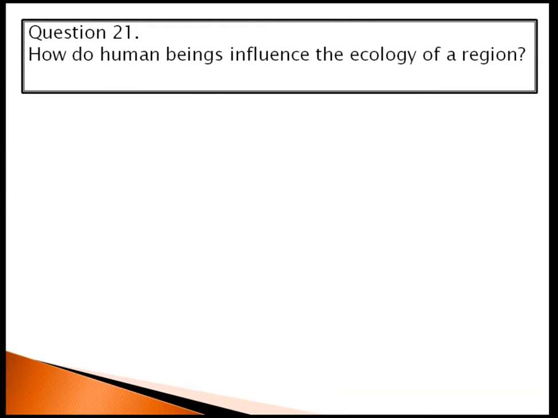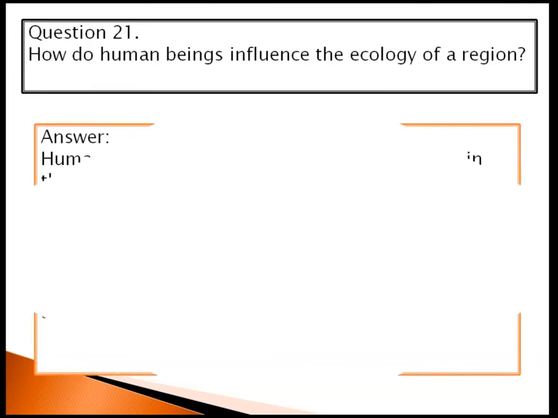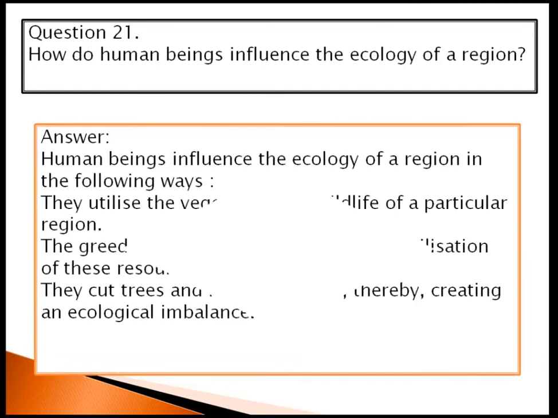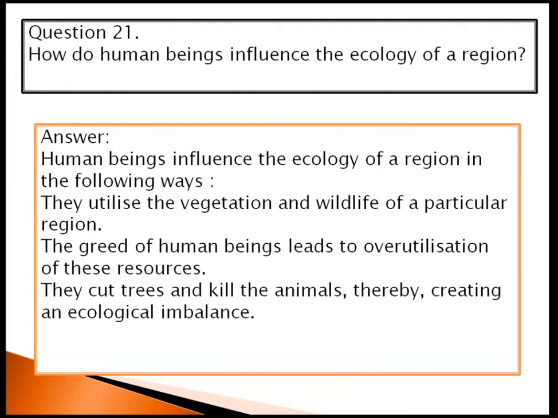How do human beings influence the ecology of a region? So, here the point is very simple. You have to reflect the human activities which are very harmful and disturbing to the ecological balance. Let's check the answer. So, human beings influence the ecology of a region in the following ways: by utilizing the vegetation and wildlife of a particular region.